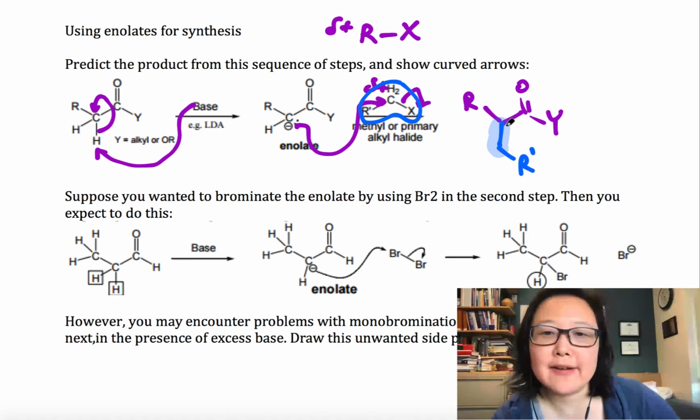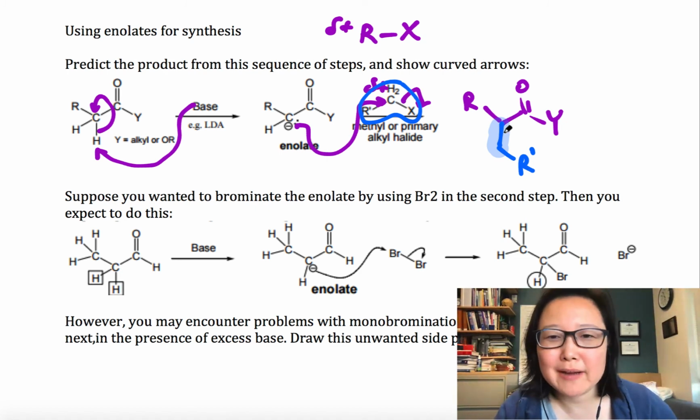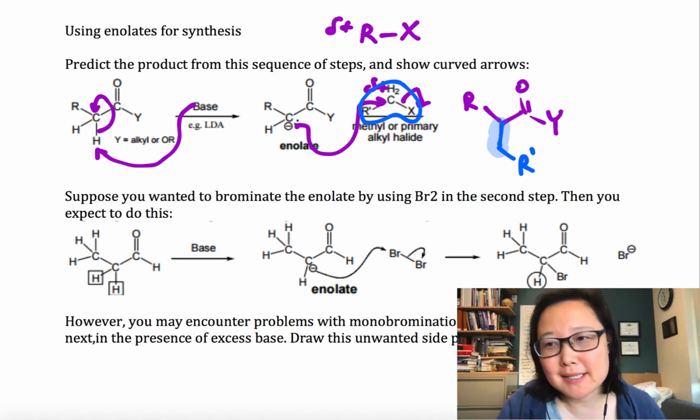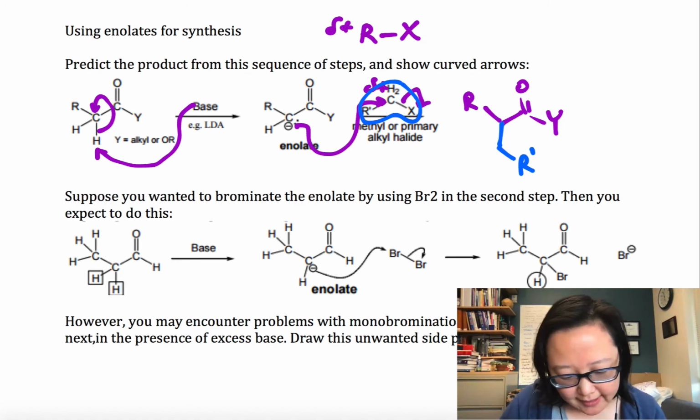Isn't that great? We've had Grignard reactions that form carbon-carbon bonds. We've had cyanide. Also, the terminal alkyne makes the acetylide ion. It's probably good to make a note of these things.